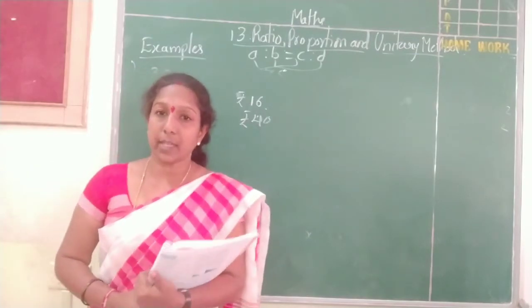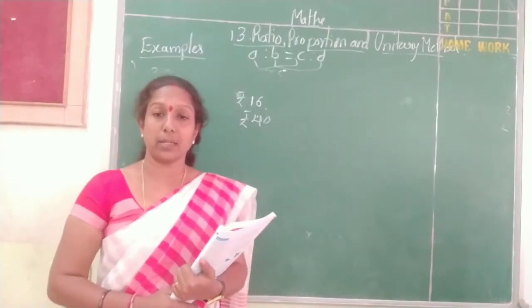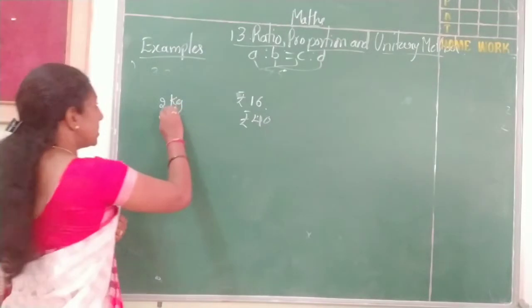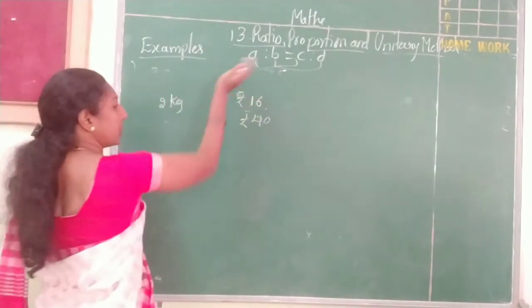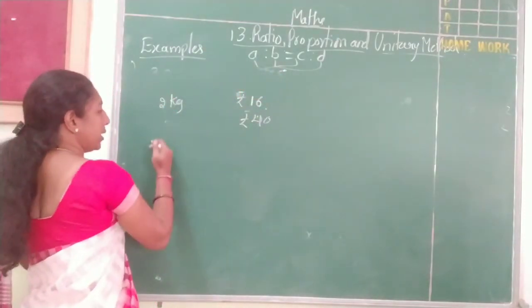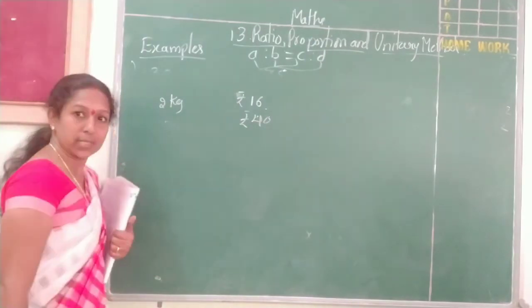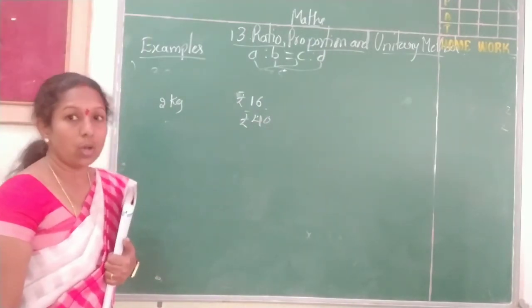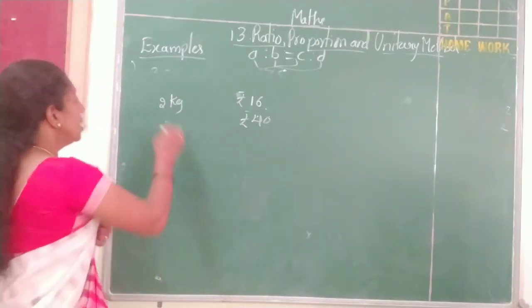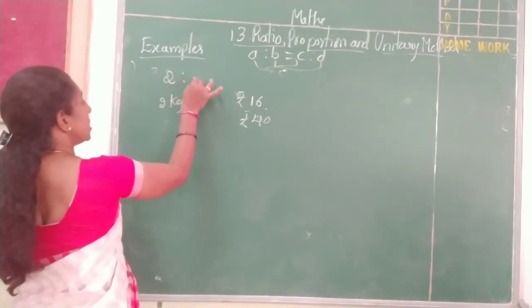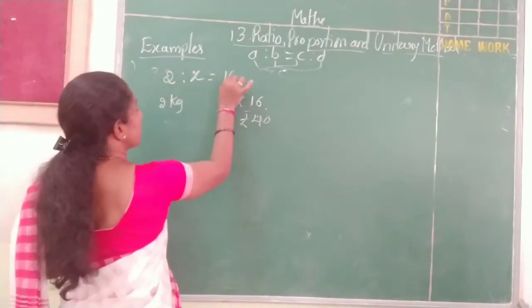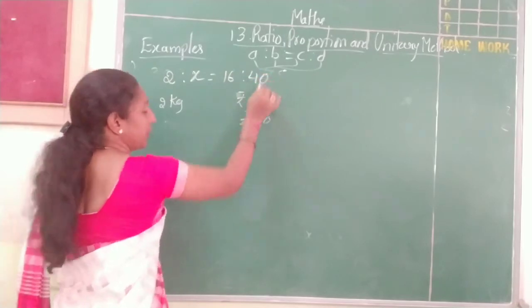When we are writing the ratios, we should remember that as the kg increases, this value also increases. If the weight reduces, the value also reduces. Correct? So how will I write this one? 2 kg is to x is equal to 16 is to 40.